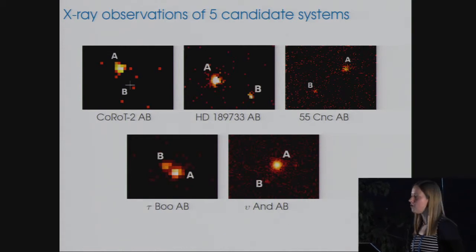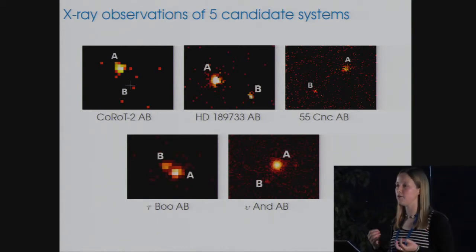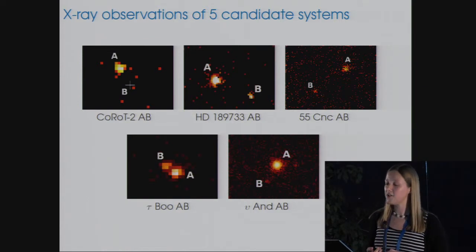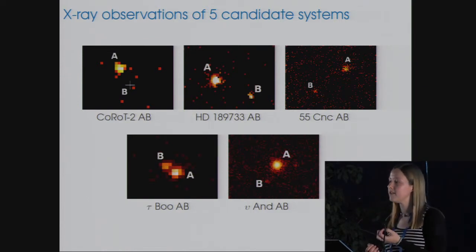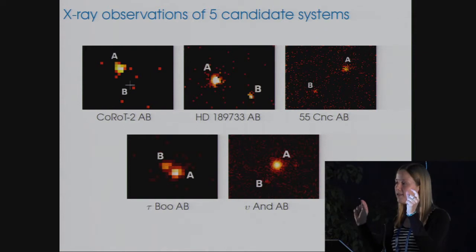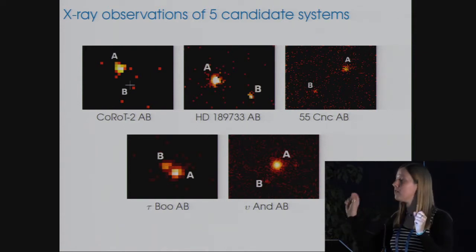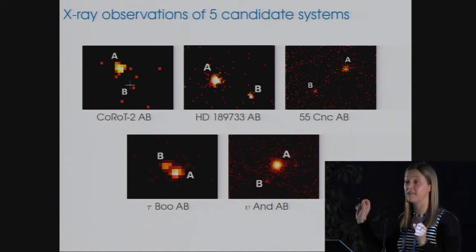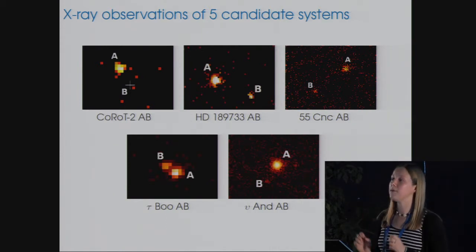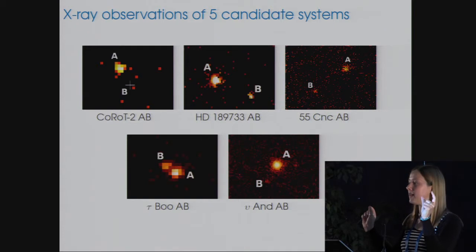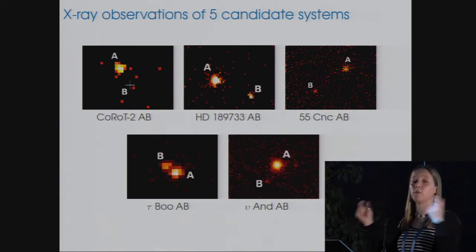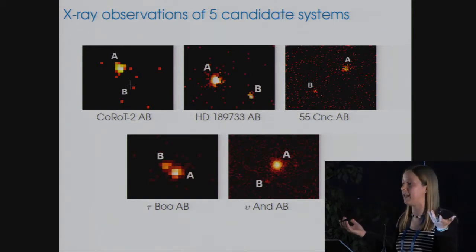What we also can do to get a little bit of a handle on these stellar ages is look at systems where we have wide stellar binaries in which one of the stars hosts a planet and the other one doesn't host a planet, or is at least not known to host a planet. And we can actually compare the activity levels of these two stars, because if they form a physical pair, they should have around about the same age.